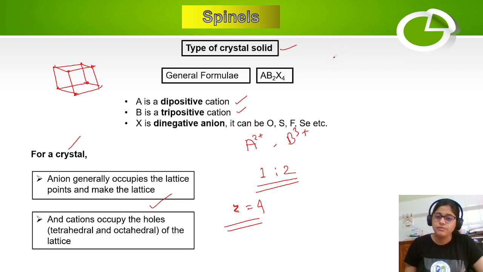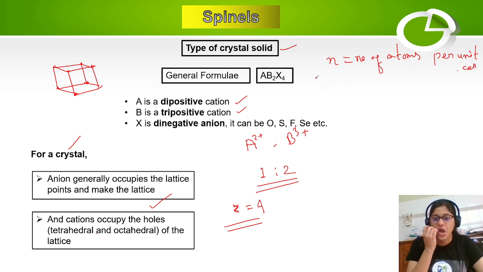So for a lattice, N, or Z as I have taken here, is the number of atoms per unit cell.